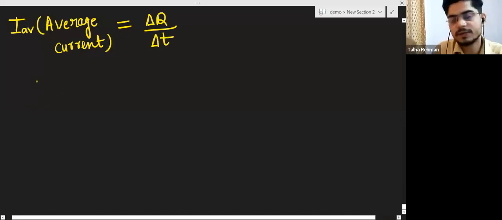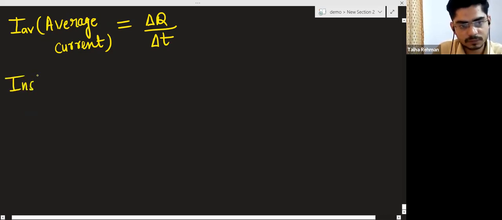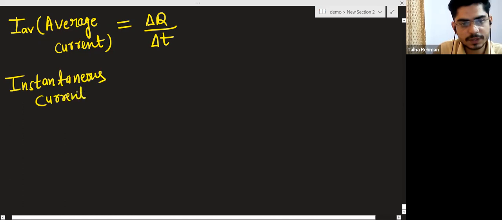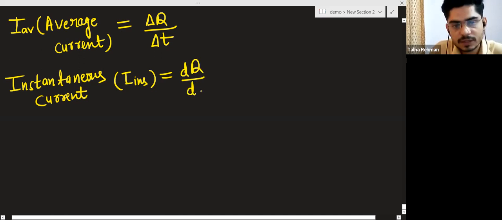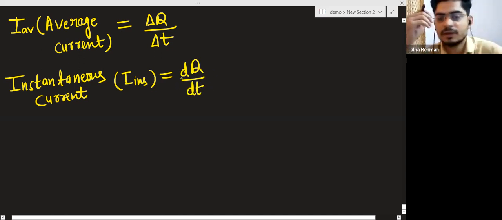And if someone is asking instantaneous current, I am representing instantaneous current as I with suffix ins, and instead of this delta, we will write d, dQ by dt.